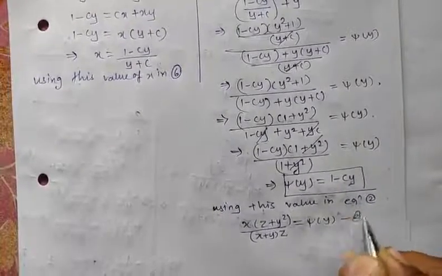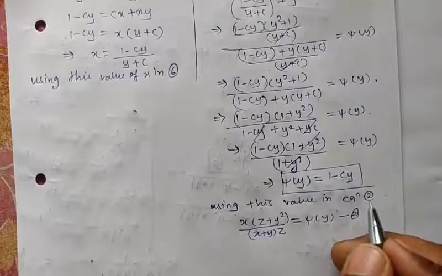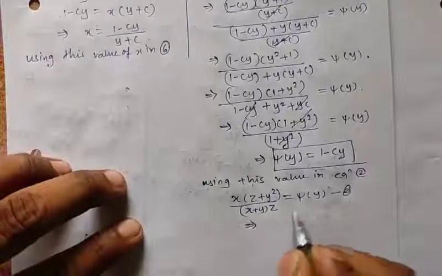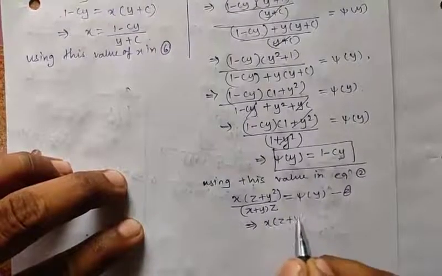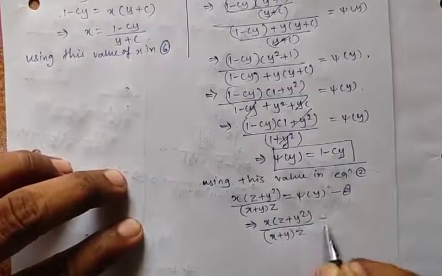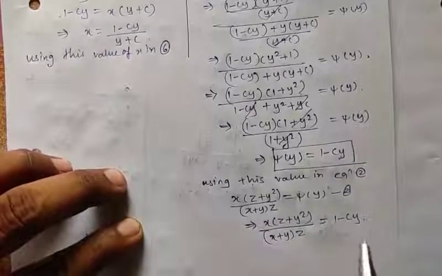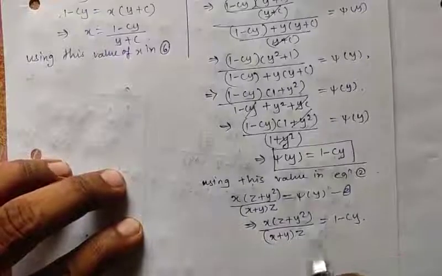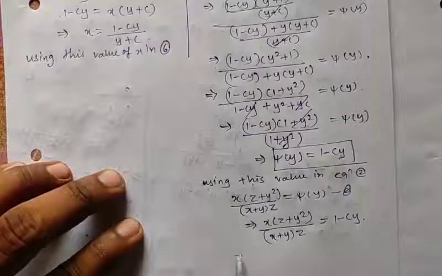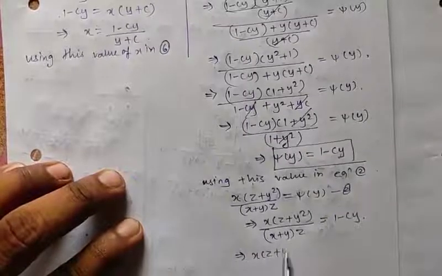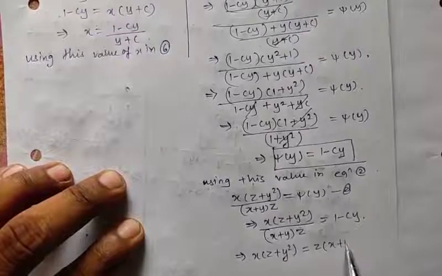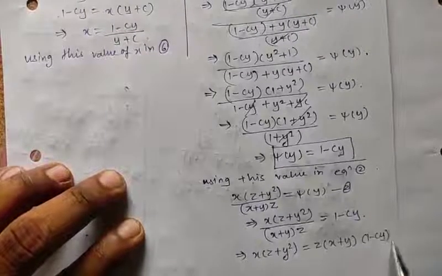Using this value, we get (xz + y²)/((x + y)z) equal to 1 - cy. After multiplying this term to the other side, we get xz + y² is equal to z(x + y)(1 - cy).